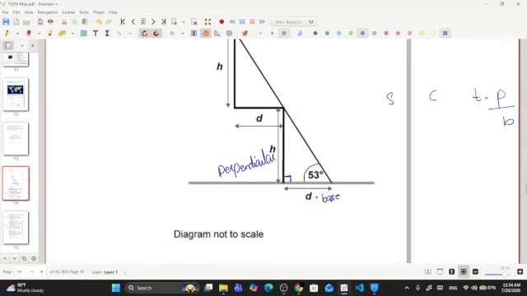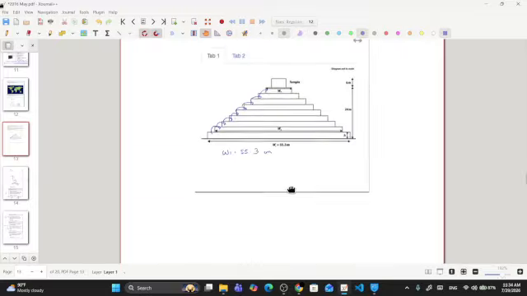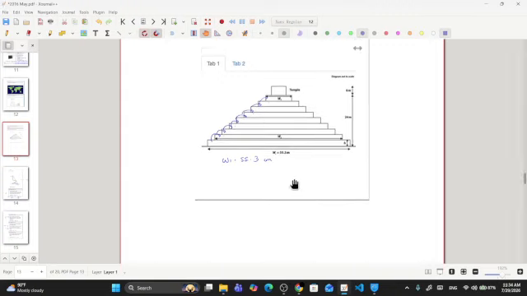Fascinating. No, they didn't. What sort of a question is this? I get so confused. Right, no worries. Now I know that the original length was 55.3 centimeters, right? So at the same time, I should be well aware that this pyramid is symmetrical on both sides. So I must subtract the depth twice for each and every step that I'm going.